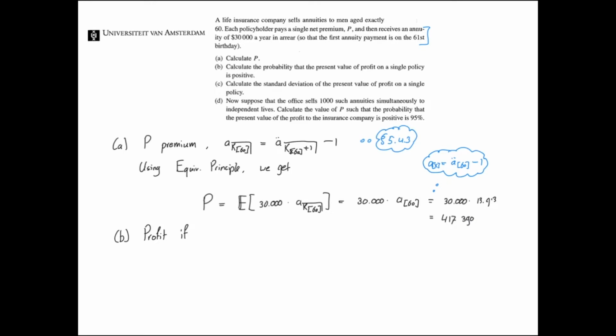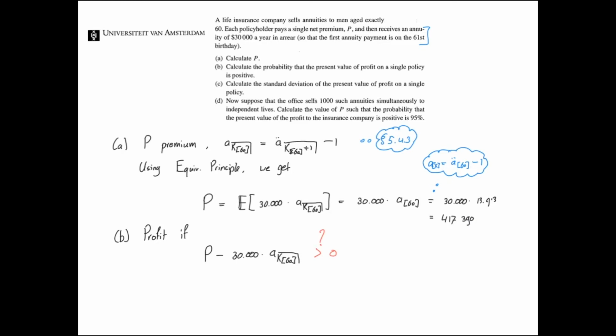So if P minus whatever we have to pay, which is in this case 30,000 times the annuity, which is random, is bigger than 0, then we have a profit.